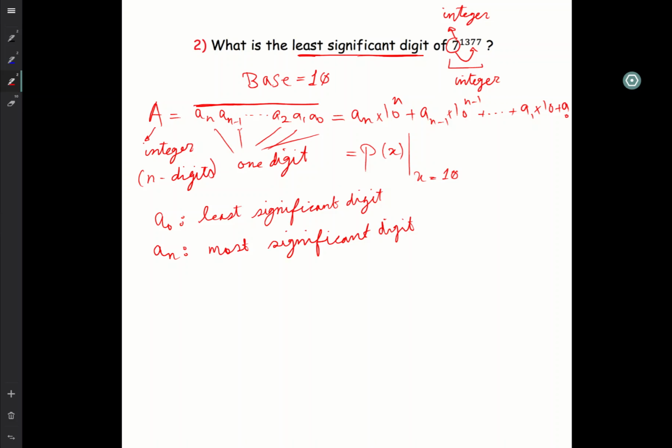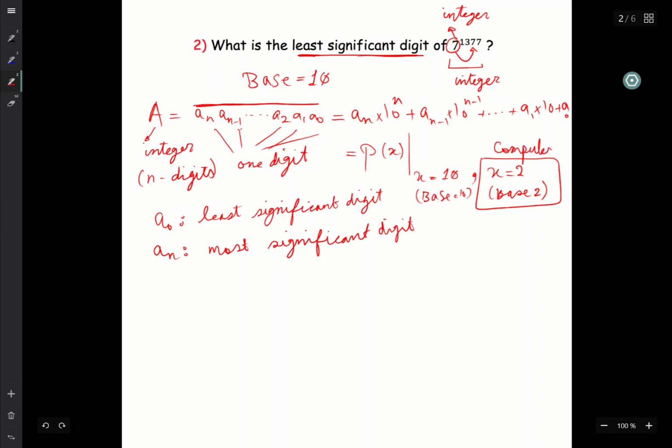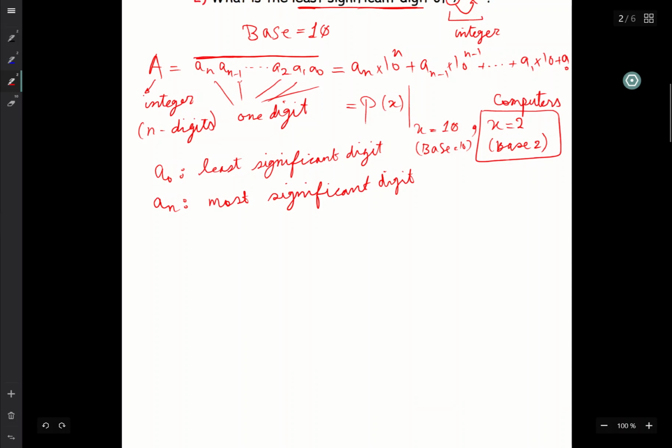For example, x equals 10 is basically base 10, but let's say you're working with computers, and computers only understand binaries, so in computers you substitute x equals 2, or base 2. This base 2 is mostly for computers, or when you're working with binary numbers, zeros and ones.